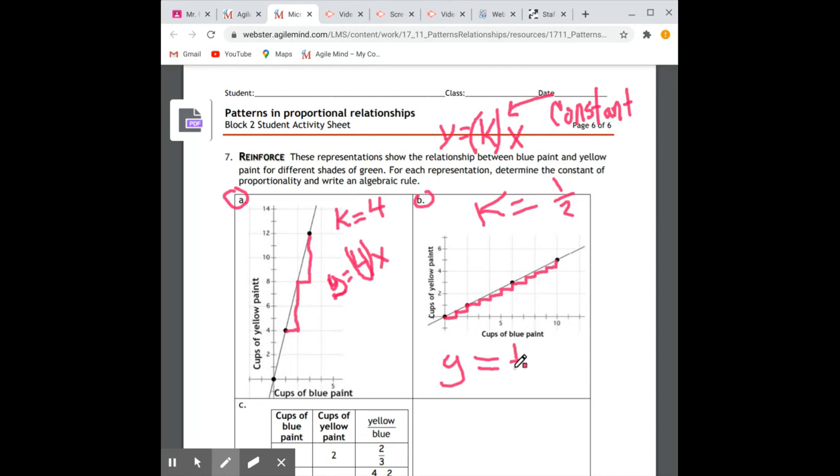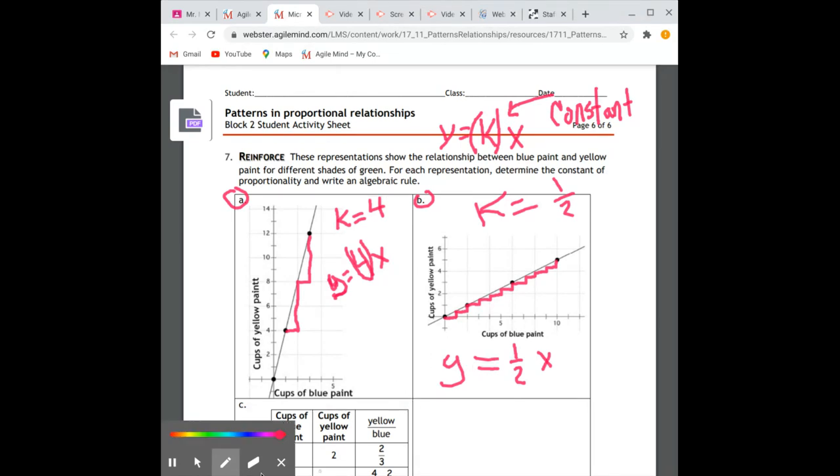Good. Because 1 times 1 half, 2 times 1 half, 3 times 1 half, 4 times 1 half, 5 times 1 half.